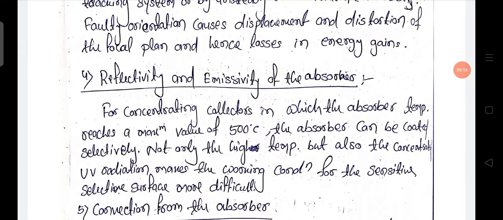Due to the high temperature and the UV radiation present in sun radiation, the working condition of the concentrating collector is much more difficult, and due to that there are some losses.